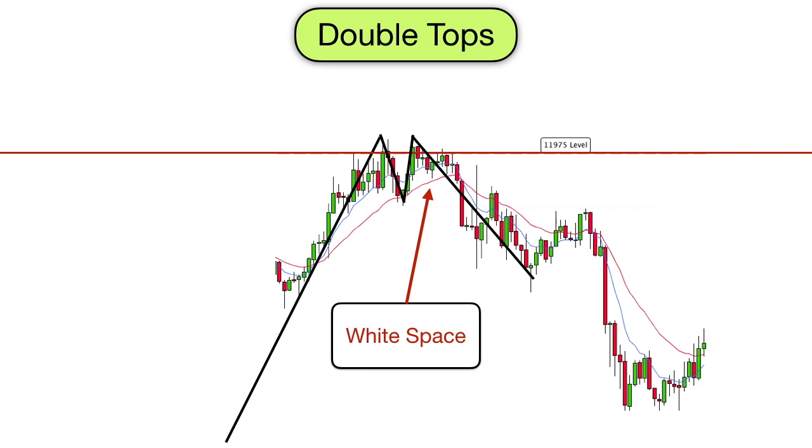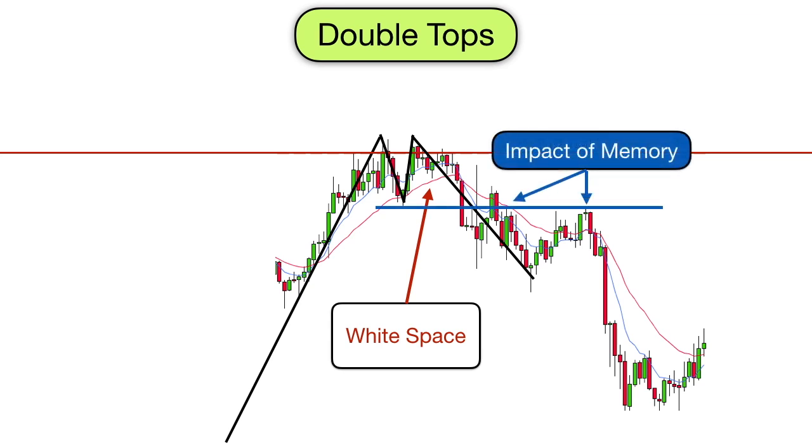The more recent the battles on the chart between the bulls and the bears, and the more intense the battles, the more that they're likely to stick in the memory of traders, and the more likely it is that the battle will recommence when prices are in this area again. Ideally, we want a smooth and quick journey down to our target and not to get stuck in a bull-bear war.